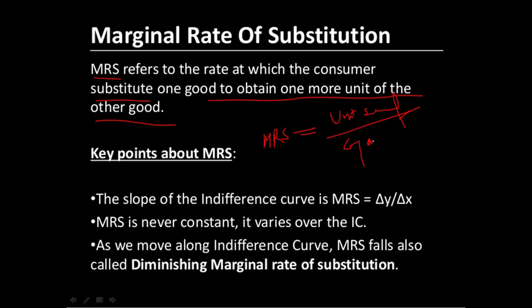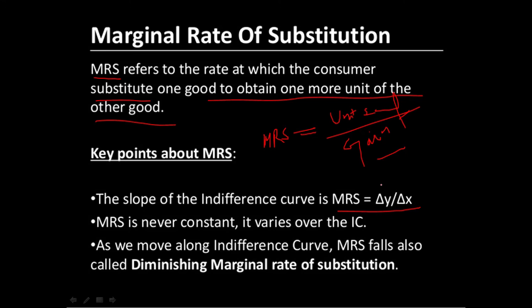Sacrifice and gain. So this gives the concept of MRS: units sacrificed divided by number of units gained. When we sacrifice some units of a particular good, only then will it be possible for us to gain. Let us understand more about MRS. The slope of the indifference curve is the MRS.